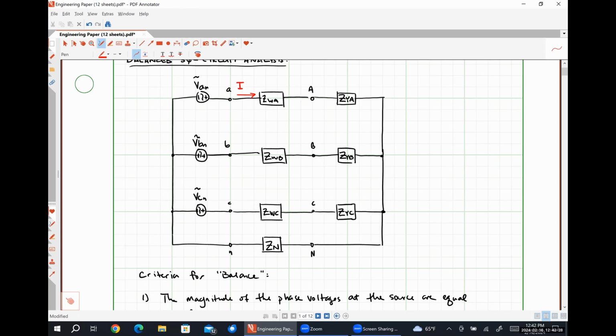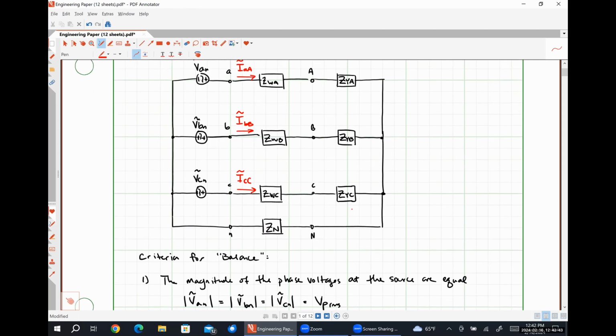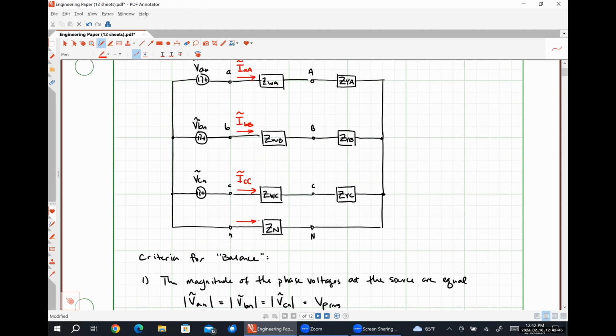So we're going to have a line current IAA on the A phase, a line current IBB on the B phase, a line current ICC on the C phase, and we're also going to have a current INN on the neutral conductor, like so.